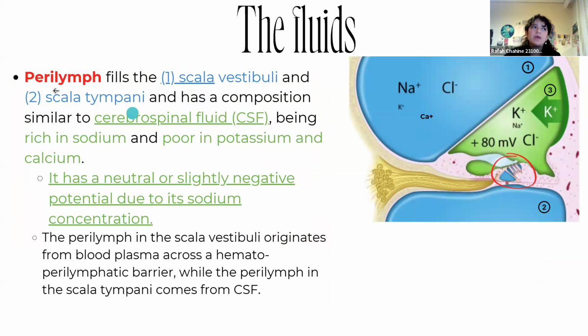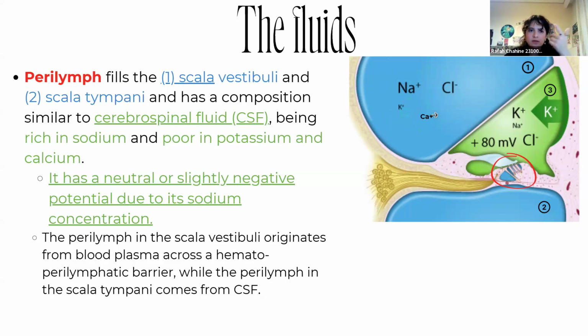That fluid being perilymph. Now, perilymph is a fluid that has a very similar composition to CSF, okay? What this means is that it is very rich in sodium and chloride, but very poor in potassium and calcium, which you can appreciate with how big the sodium and chloride symbols are and how small potassium and calcium are.